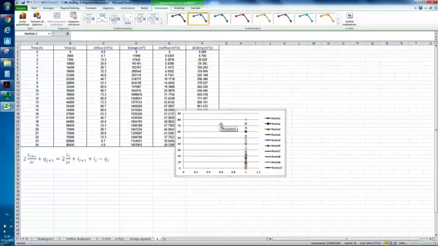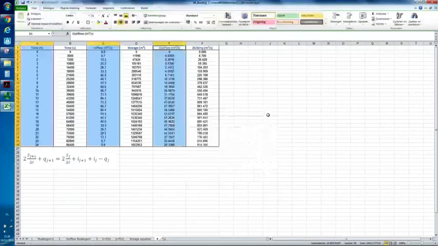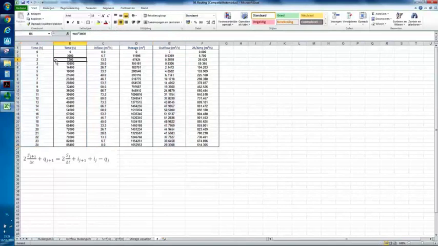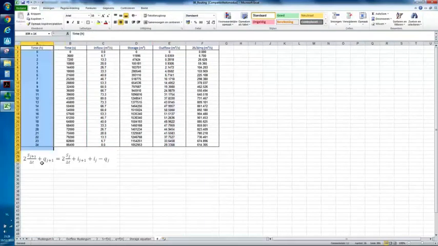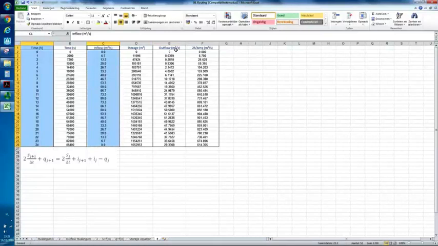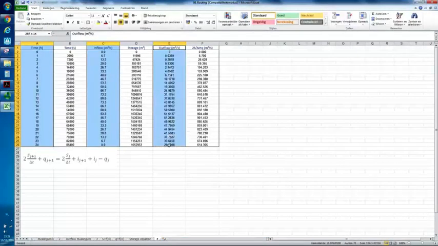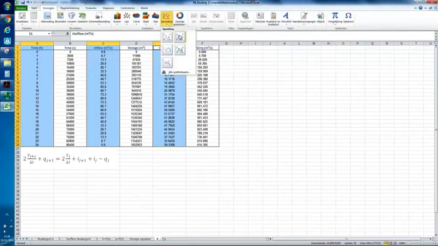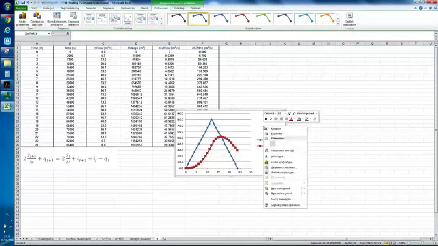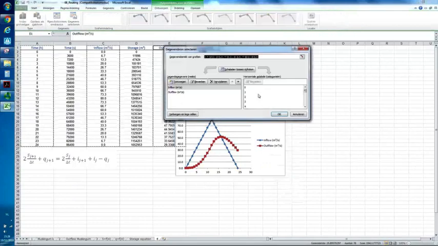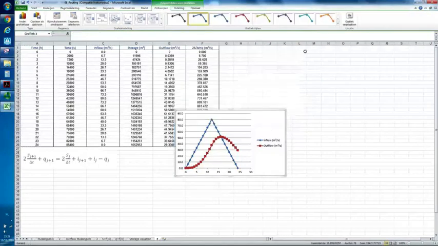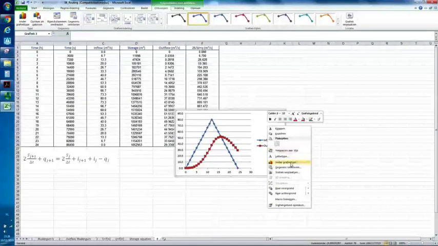Let's try this again. Inflow, outflow, and we want a scatter plot like this. Let's move this first.